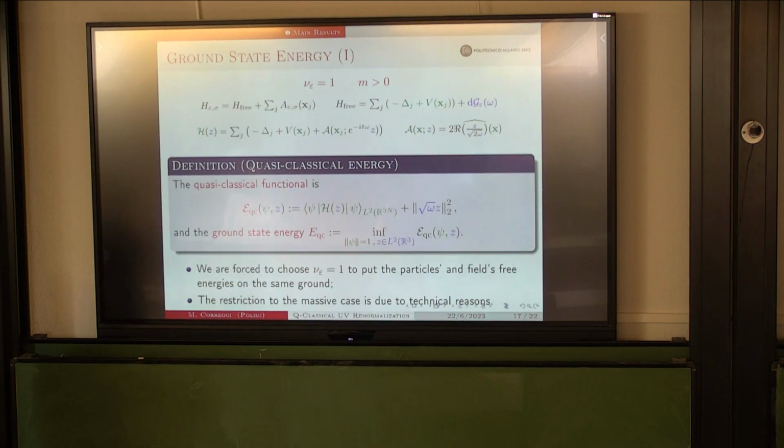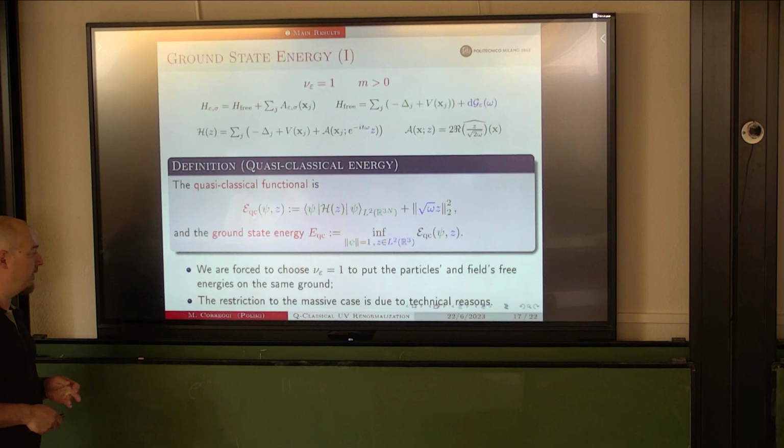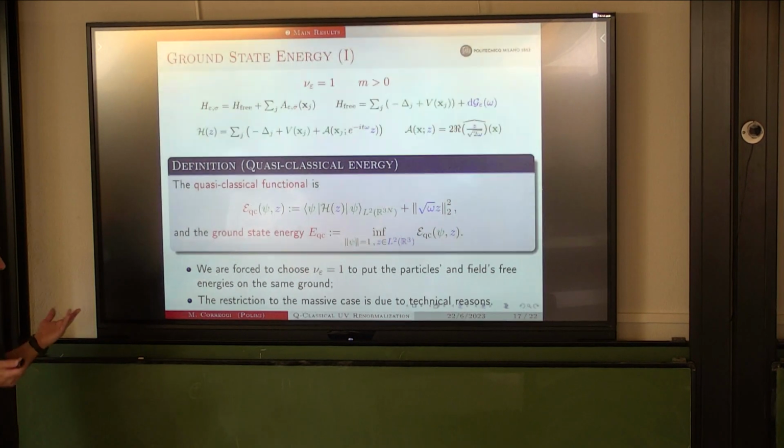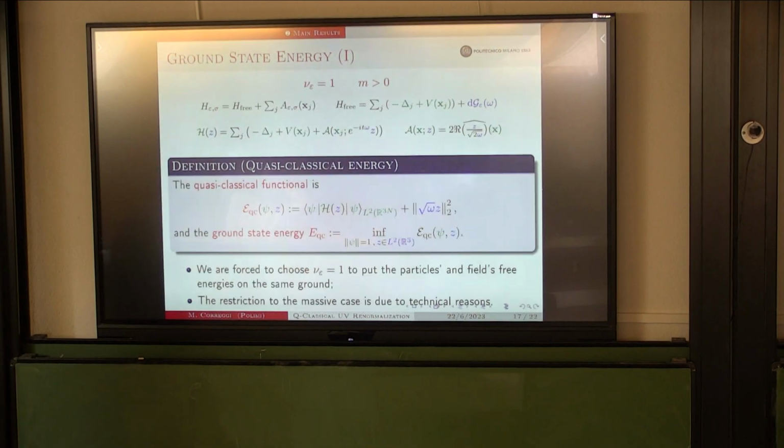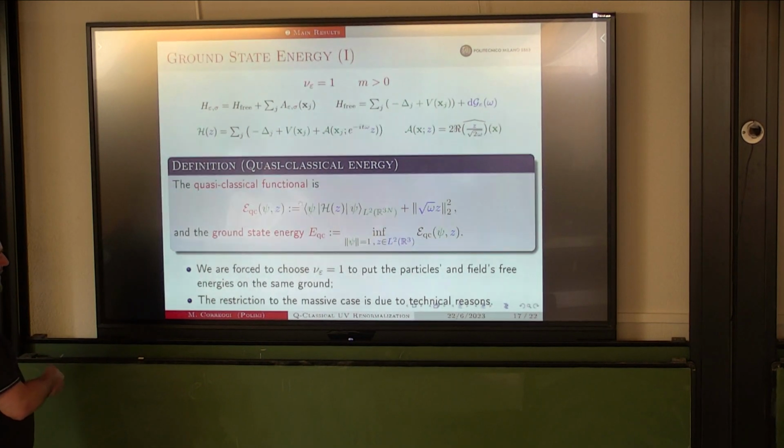Well, that's what Robert called the Pekar functional. Rather, the Pekar functional is the one you get when you minimize this with respect to the field state. So you just take the expectation of the quasi-classical operator Hz we have seen before over a state for the particles, and you add the field energy, so the L2 norm of square root of omega times z.